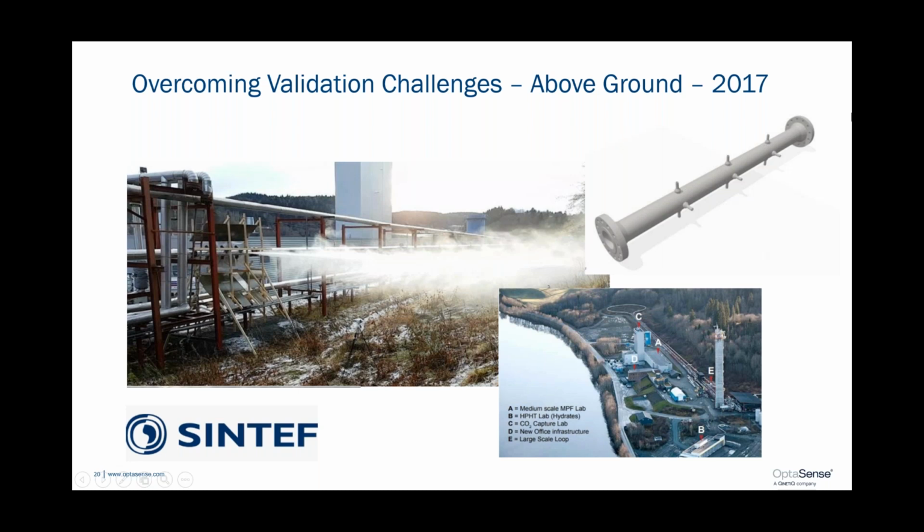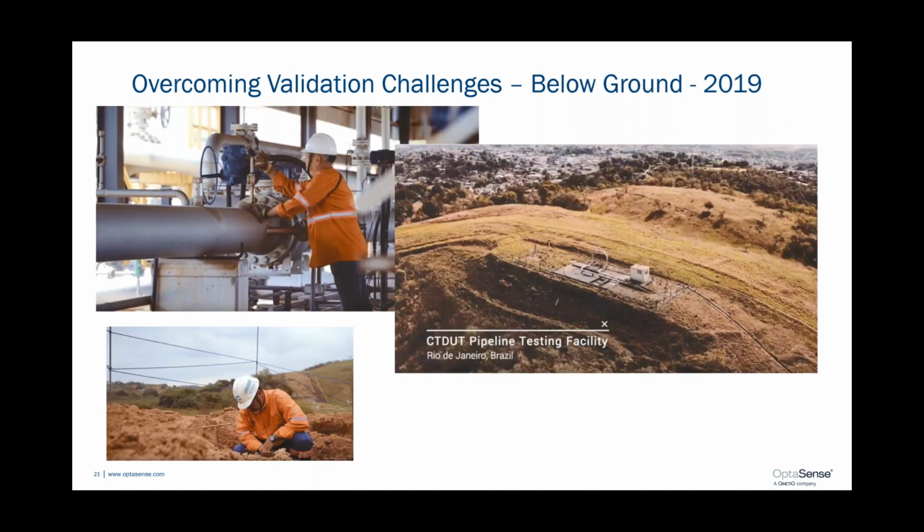We created a spool piece that we cut into the main flow loop that allowed us to create, with actuated valves, control jets, and make leaks to our wind. I'm not going to talk too much about the above ground. The focus today is really going to be the below ground and the work we carried out through 2019. We talked about the 2017 work earlier, and we do have a white paper on it for anyone who's interested.